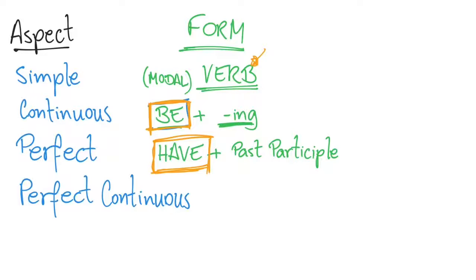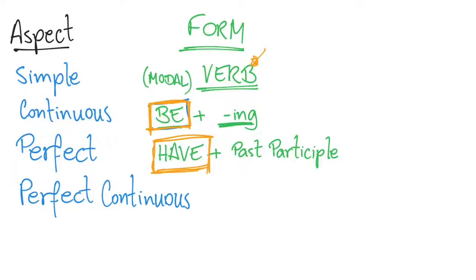Now, what about the perfect continuous? Well, the perfect continuous is quite interesting, because let me show you something. If you are good at mathematics, it's going to be very easy for you to add have from perfect, and then you have the verb to be, but in the past participle, followed by the main verb in the ing form. Okay, so this is how you form it.